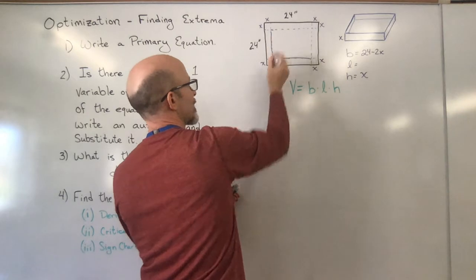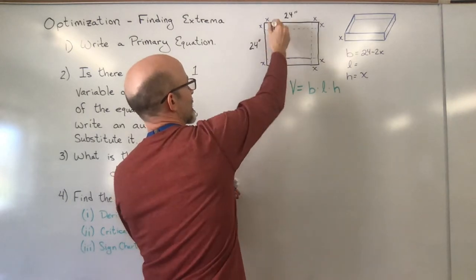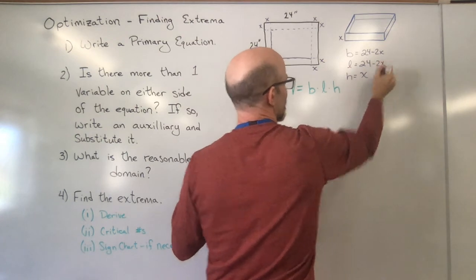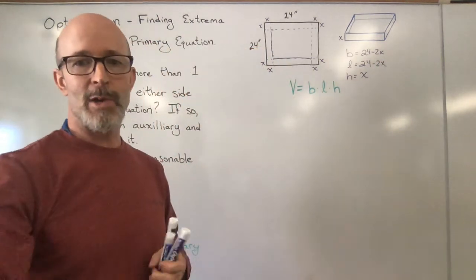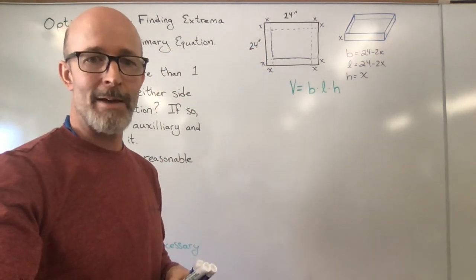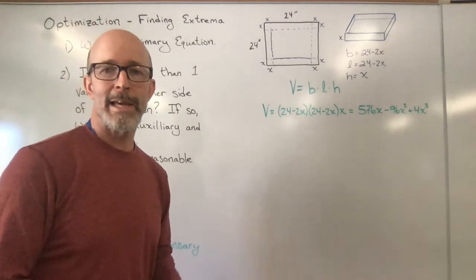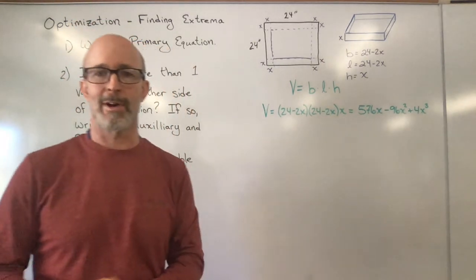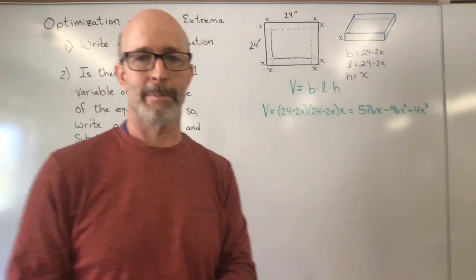And this length here for the length is also 24 minus 2x. I've used auxiliary equations, and now I can rewrite what I have. Substituting in here, I can easily find out an equation for my volume, and now there's only one variable there.